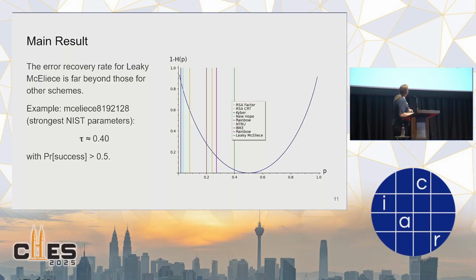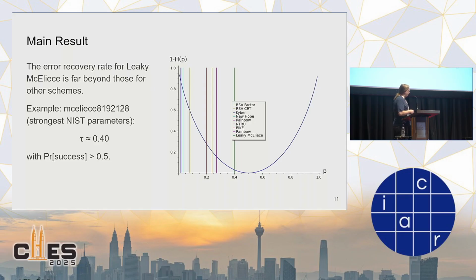For example, we have error rates for Rainbow under 30%. We have also very small error rates for some strong cryptographic schemes like Kyber and NewHope. And so this huge redundancy in the Goppa code is an actual problem here when considering such channel leaks.